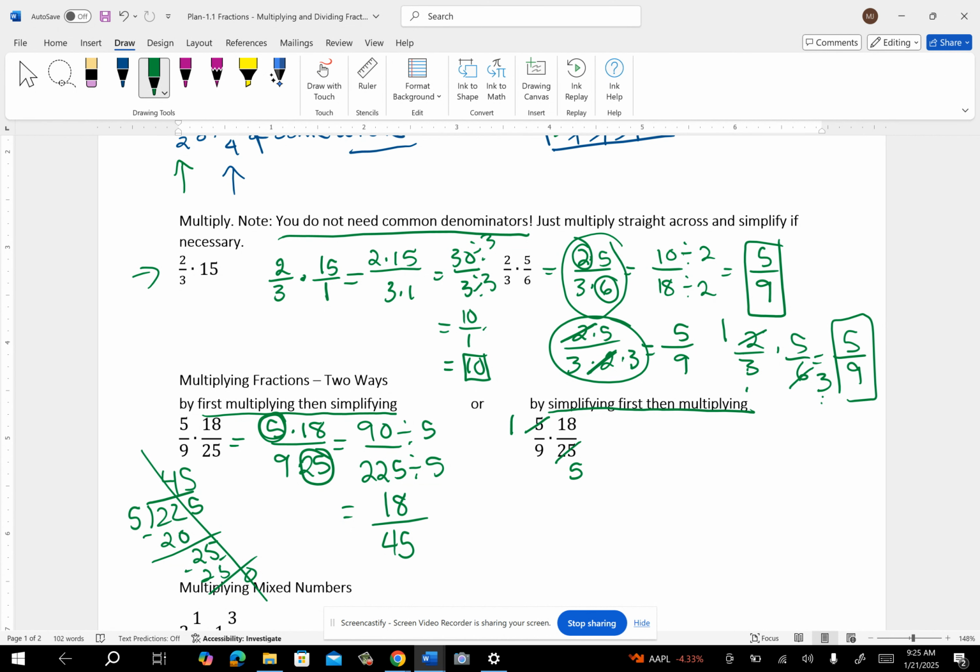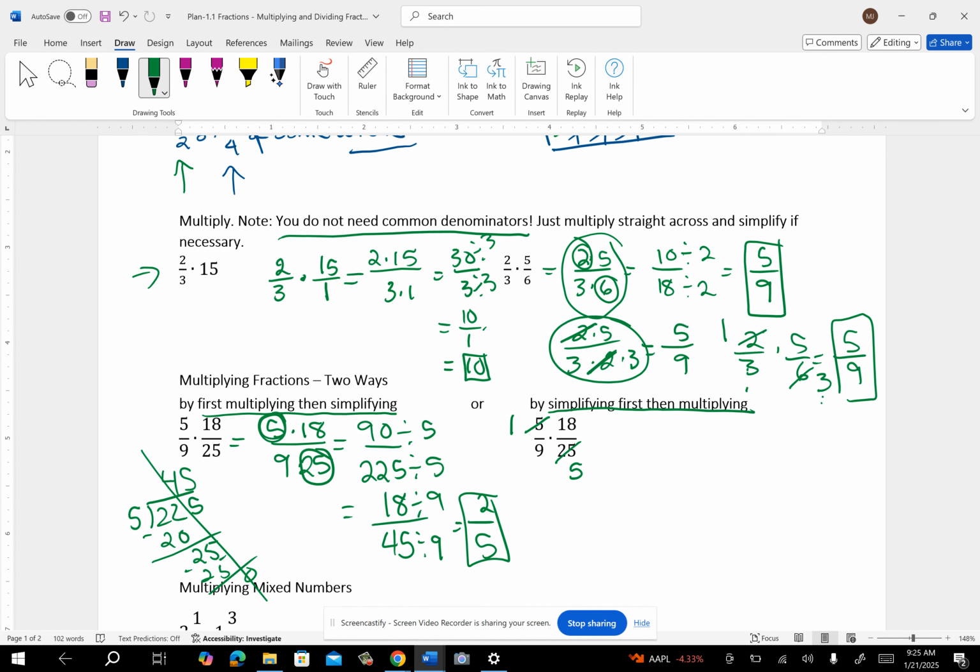We could knock out the 5 before we even get started. But let me back up a moment because 18 over 45 isn't even fully simplified yet. So back to the previous problem, I would have to then notice that 9 goes into both of these and divide 9 into the numerator and denominator.